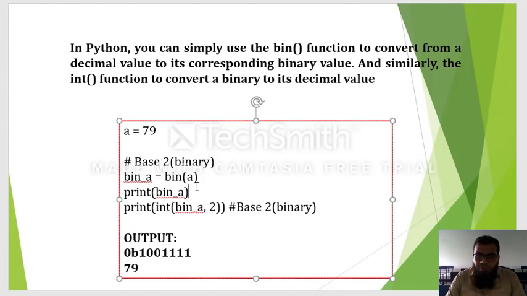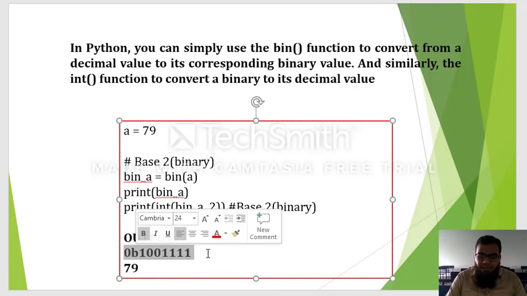When you print bin underscore a, you will get the binary number of 79.